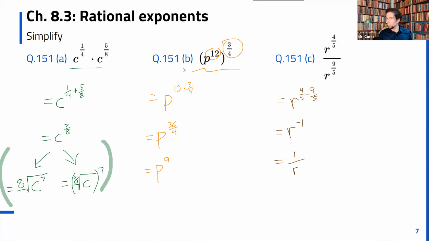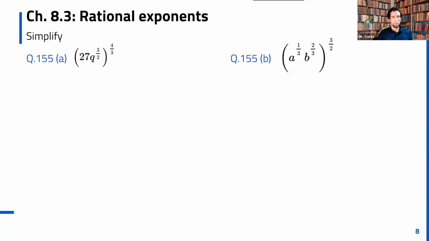Just give people a moment if they're writing. Okay. Last set of exponent questions. I'm not going to say anything, just go ahead, try to simplify.